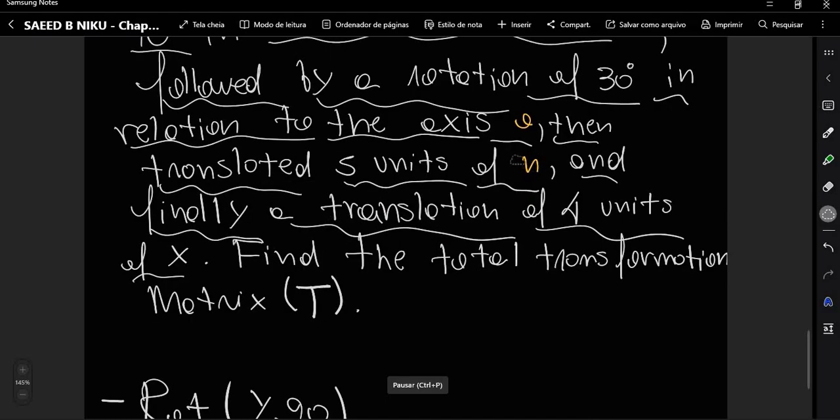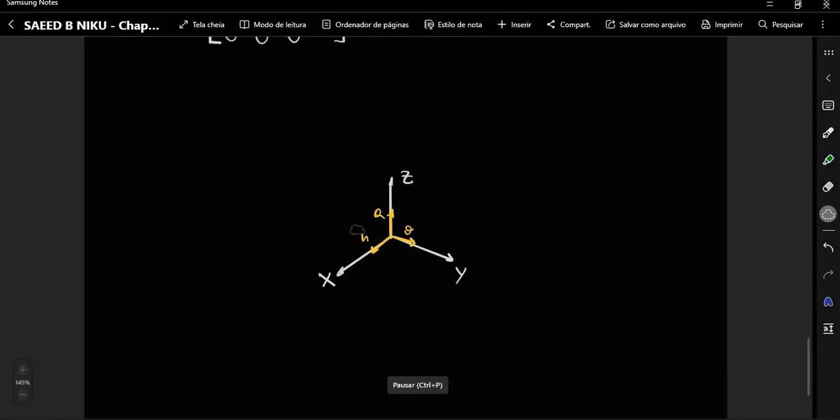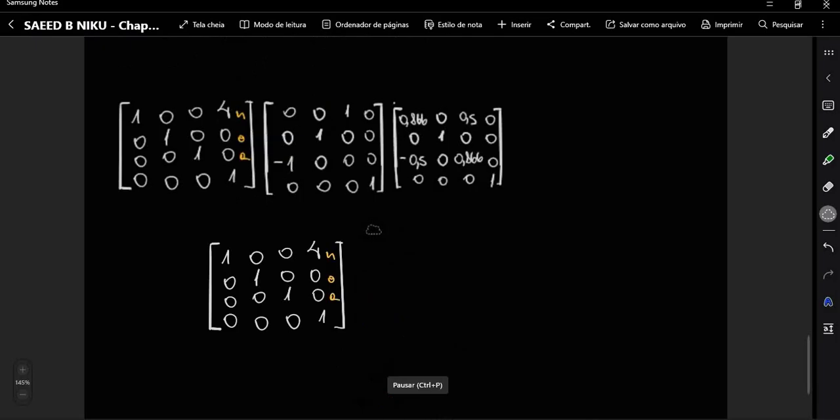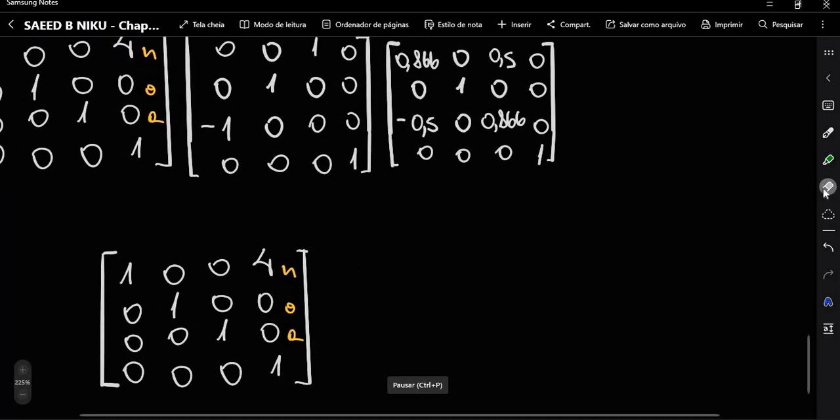Now you are doing this transformation of translation of 5 units throughout the axis n, which is on the same direction as the axis x. So we are going to have a quite similar matrix. It just needs to change right here for 5 units.